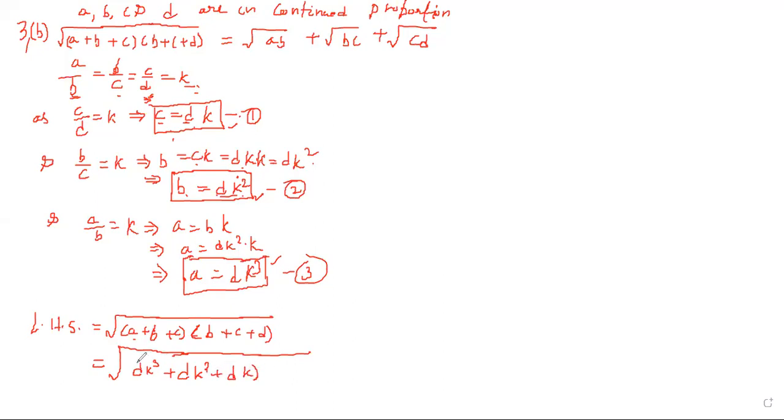In the second bracket, the value of B is DK square plus C is DK plus D.